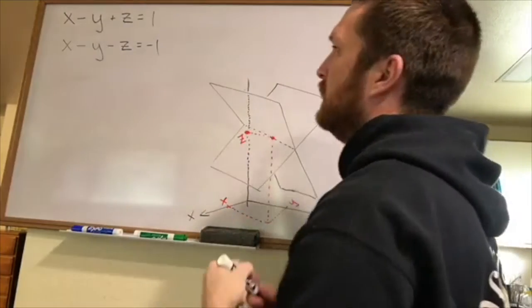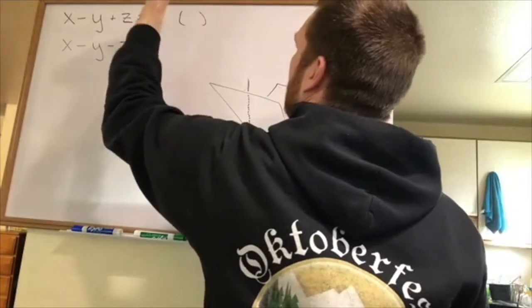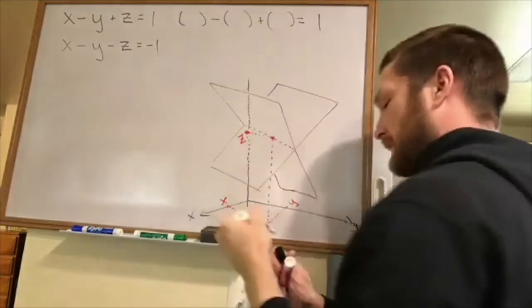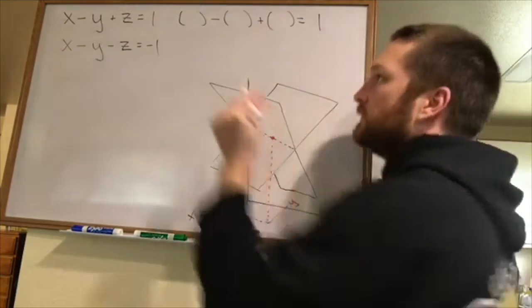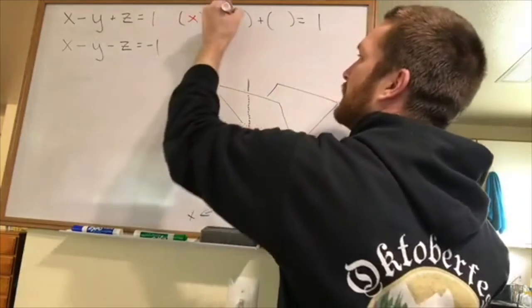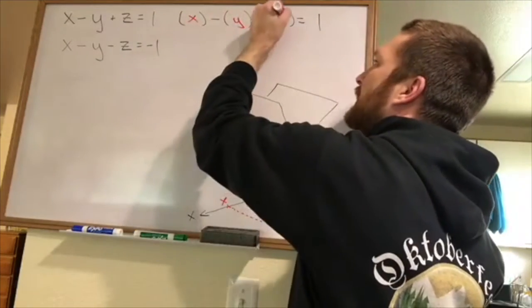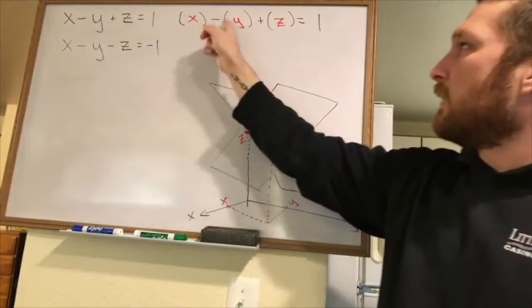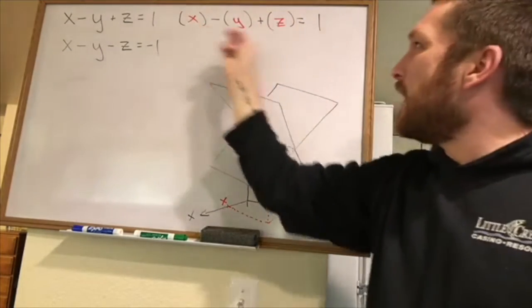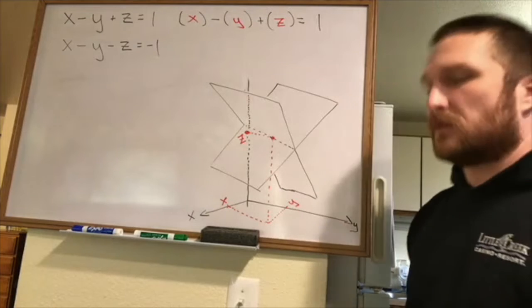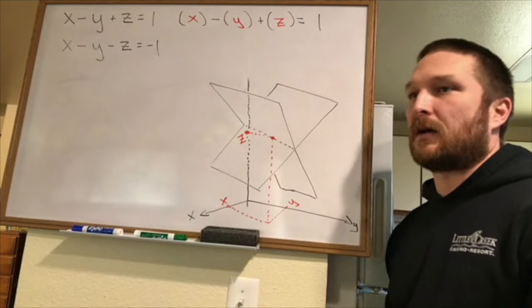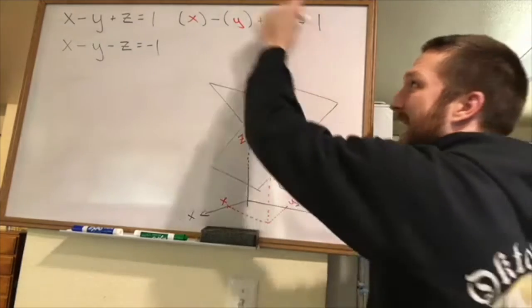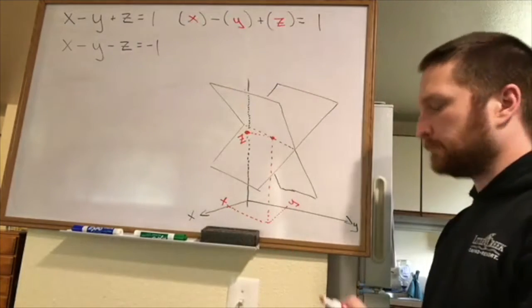In other words, I plug in my special value of x, my special value of y, and that special value of z, and we know that when I take x minus y plus z, that number comes out to be 1. Just like before when we said, oh, 9 equals 9, or 1 equals 1, 8 equals 8. It has to be true that that comes out to be 1.